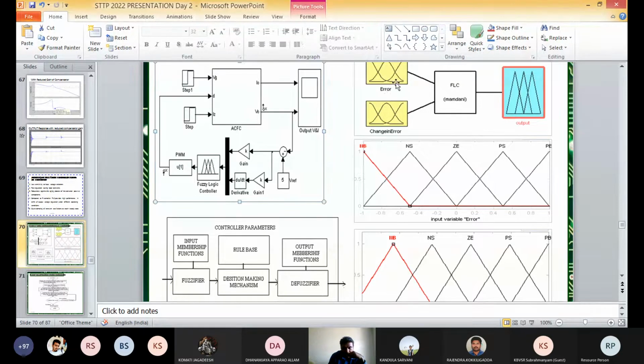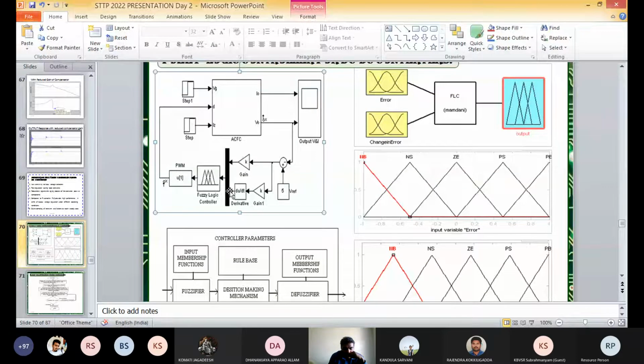That means there are two inputs: one is the error signal, the other one is the changing error signal. And the output is only one. That is the duty cycle we are expecting from the output of the fuzzy controller. That is the output signal.